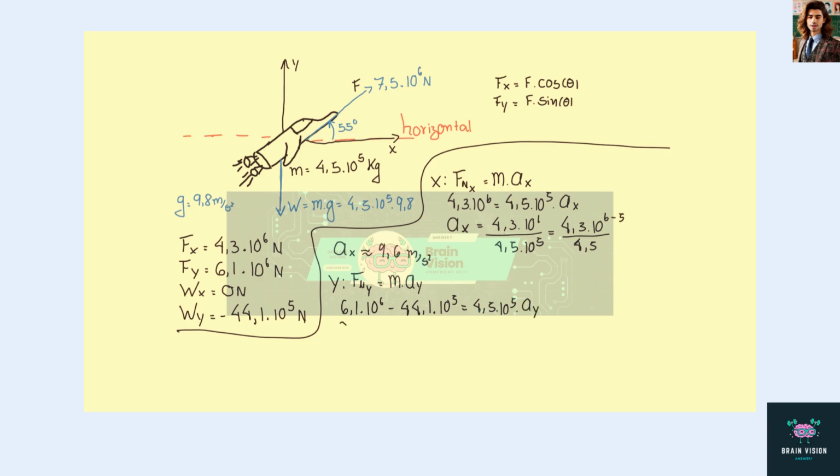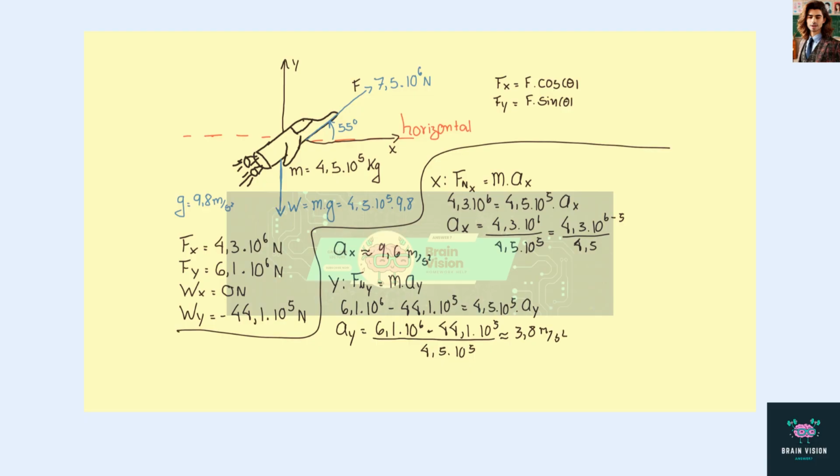Then, the y component of the acceleration is equal to 6.1 times 10 to the sixth minus 44.1 times 10 to the fifth divided by 4.5 times 10 to the fifth. And this is approximately 3.8 meters per second squared.